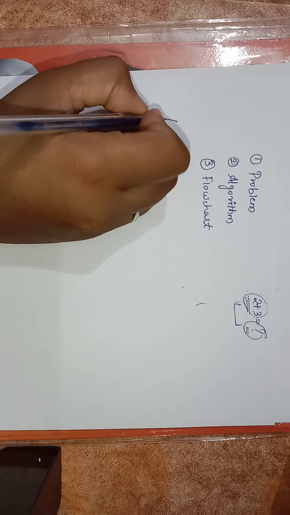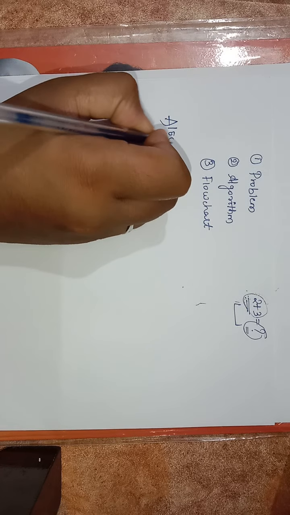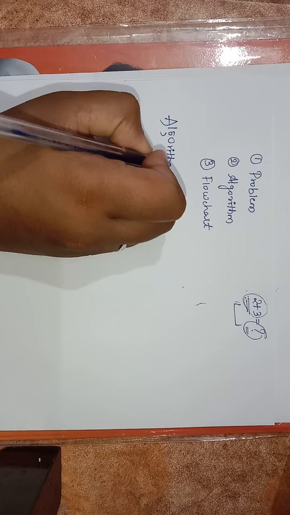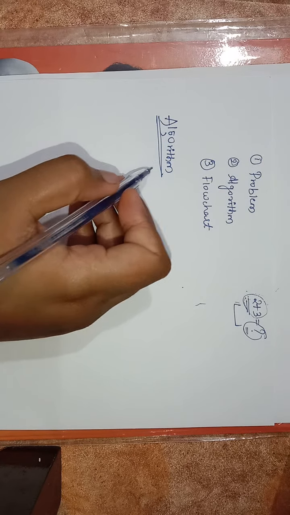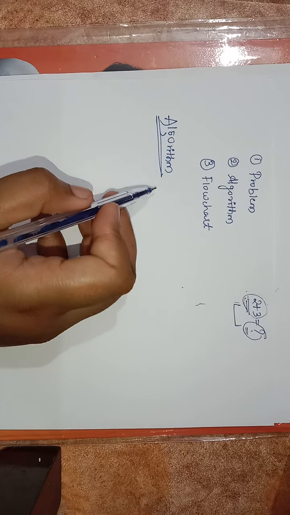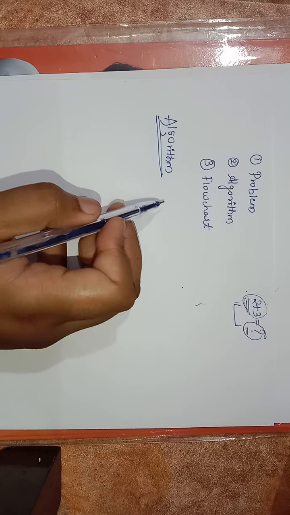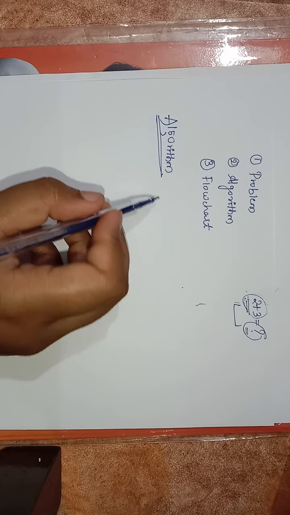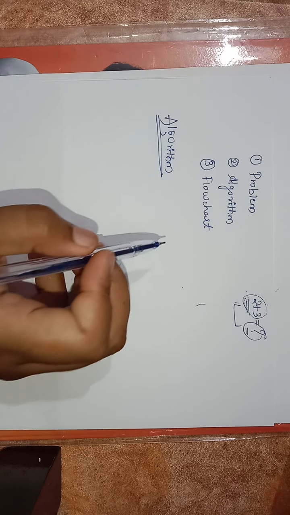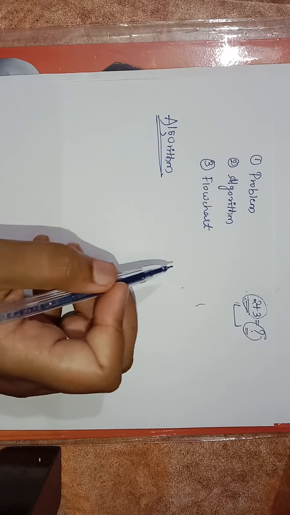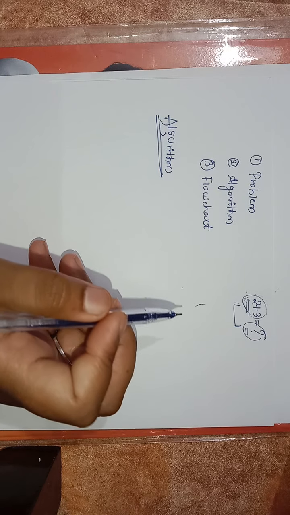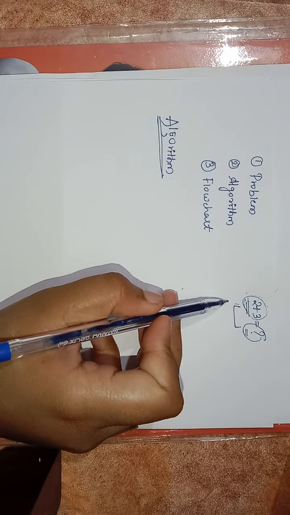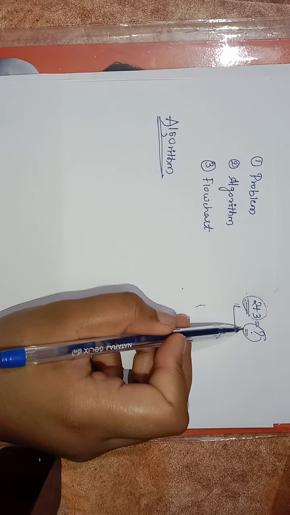How can we define algorithm? It is a step by step procedure. Algorithm is nothing but a step by step procedure to solve a particular problem. It contains statements, and the statements will be in the English language only. Each statement is precise, meaning exact. So here you say, what is 2 plus 3 equal to.